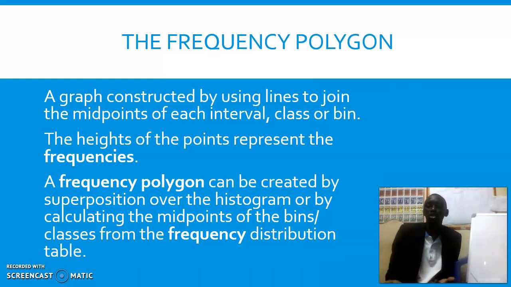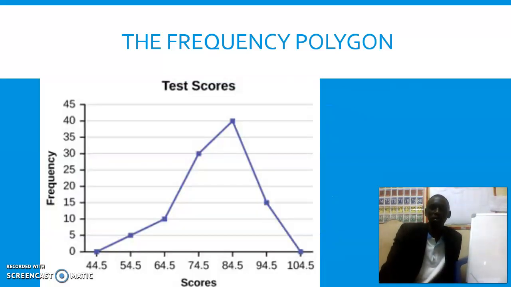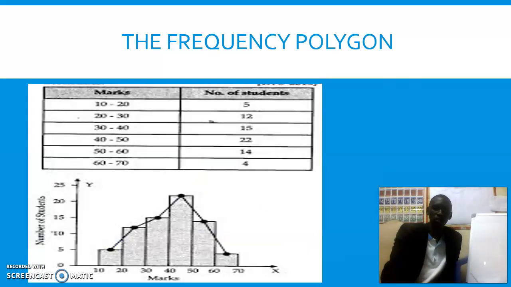On the other hand, you may choose to superimpose it over the histogram. That's an example where we have the class centers plotted on the horizontal and the frequencies on the vertical, and there we're trying to show how the frequency polygon can be superimposed over the histogram.